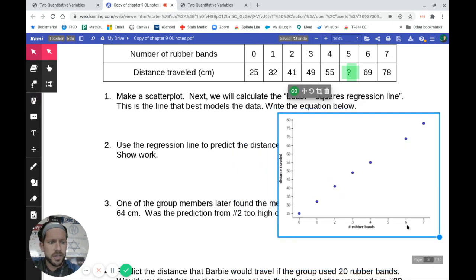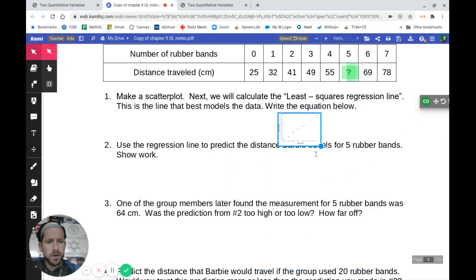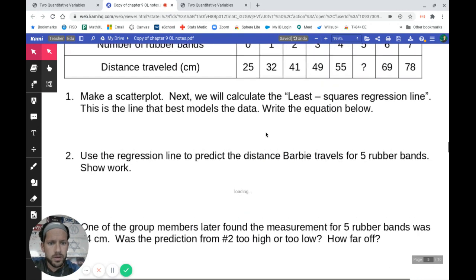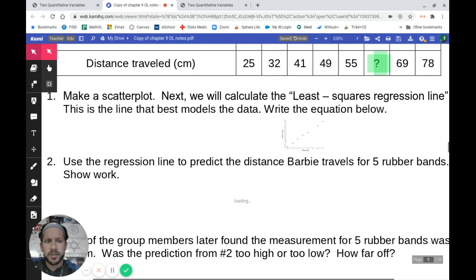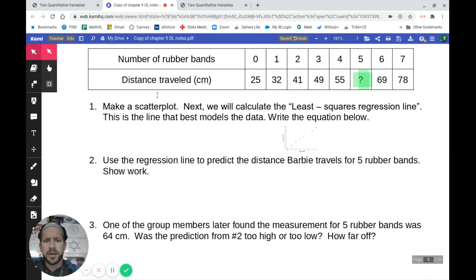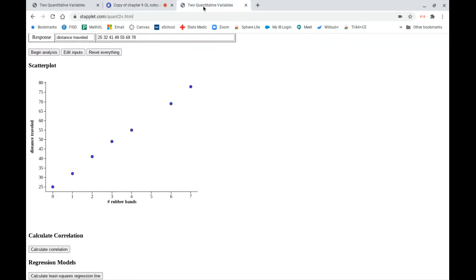But you'll notice there is kind of that blank there for where x equals 5, where the number of rubber bands equals 5. We'll zoom in on that later. And we want to calculate the least squares regression line. This is the line that best models the data, and we're going to write that equation on here as well.